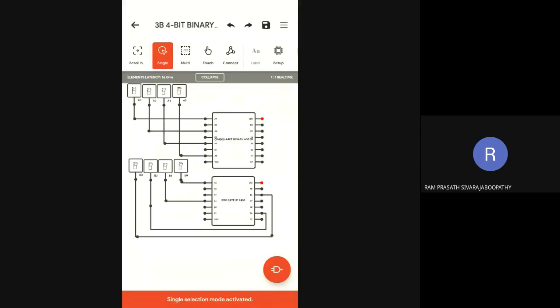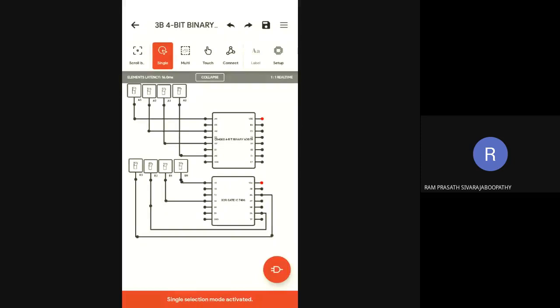What about the other switch? We can give data A, data B. What about other switch? Can you tell by looking at the diagram? Do you remember when we said M? We told M, if M equal to 0 then add, if 1 then subtract. Correct?